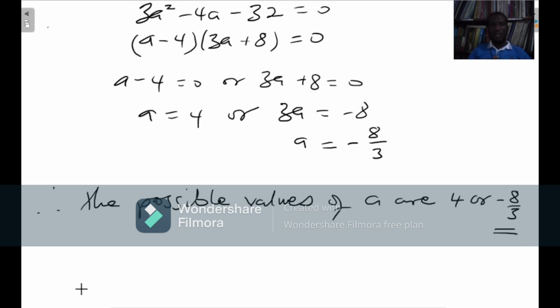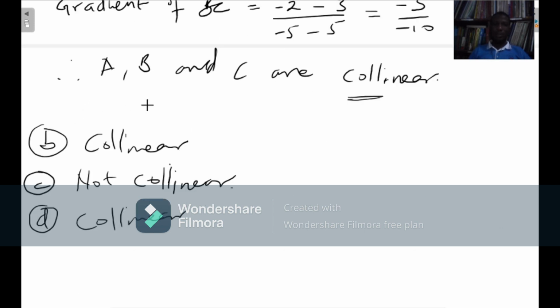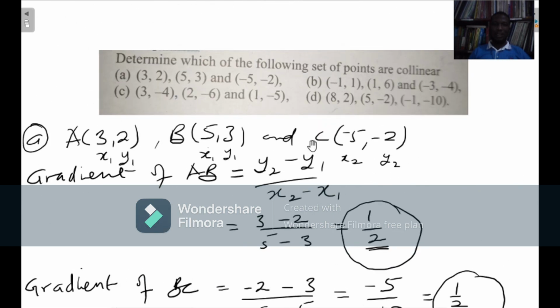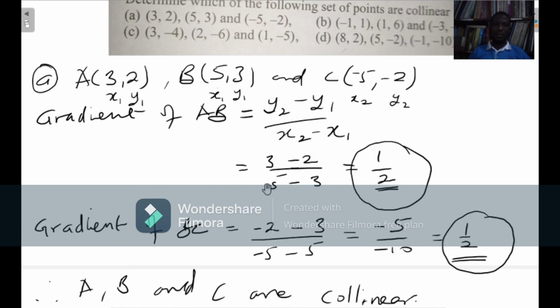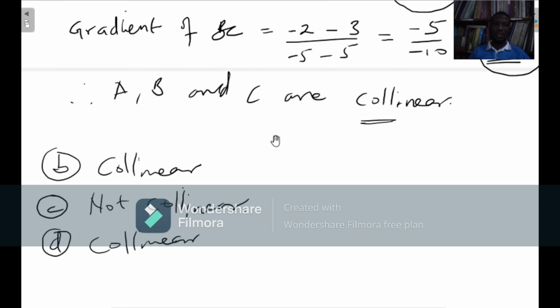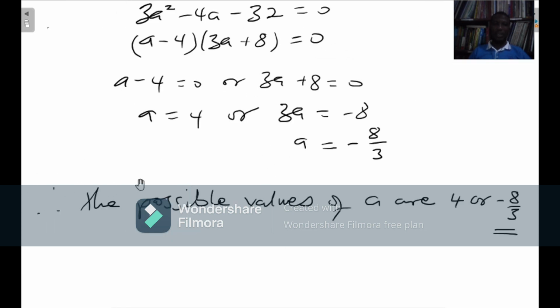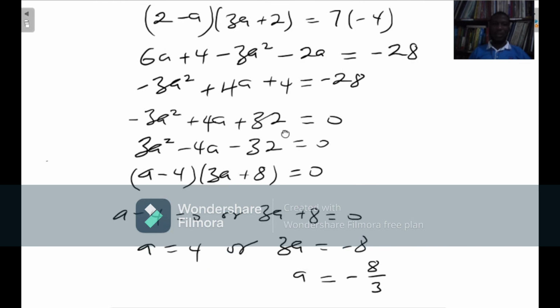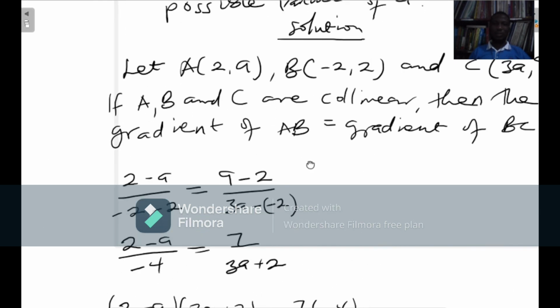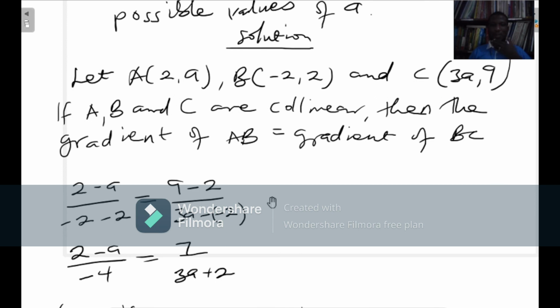And if after finding the gradients are the same, it means they lie on the same line. So they are collinear. We worked examples to demonstrate this, which after giving you these 4 questions, I answered the first one and left the rest for you, but then I have the answers here which I asked you to compare. Then we asked another question where you'll be given points with some of the coordinates missing, and they tell you that they are collinear.